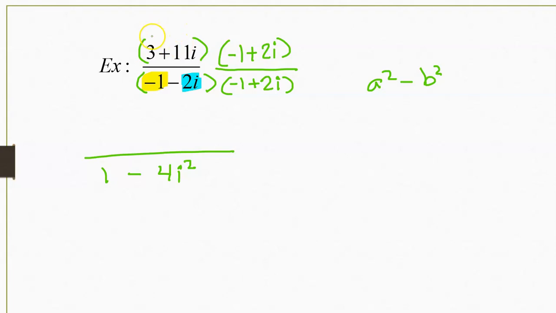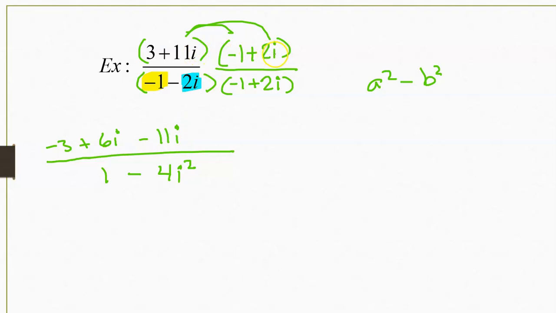In the numerator, I am going to have to distribute. So distributing the 3 gives me negative 3 plus 6i. And then I distribute the 11i. So 11i times negative 1 is negative 11i.